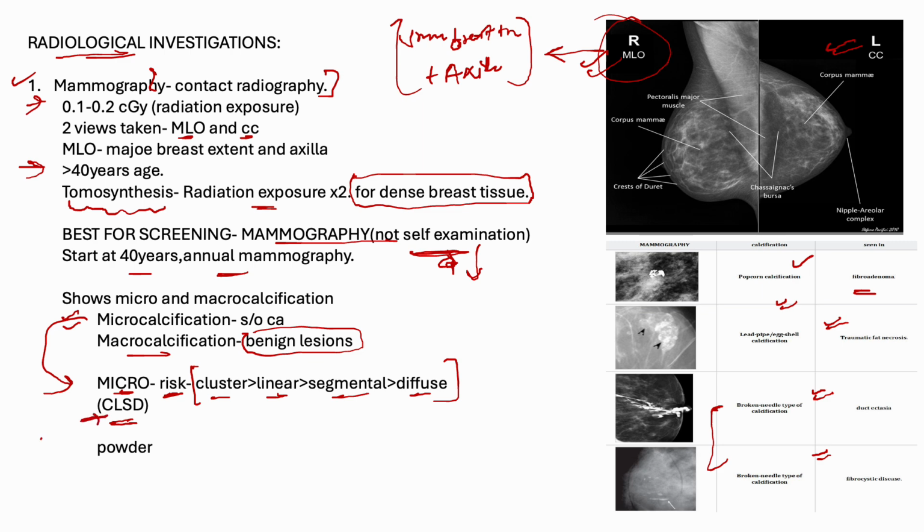However, listen, one very important thing clinically: powders. Sometimes a female applies powder over the breast, and after that, if the mammography is done, it can falsely show that microcalcifications are present. So you need to advise the female to clean her breast surface before going for any mammography.